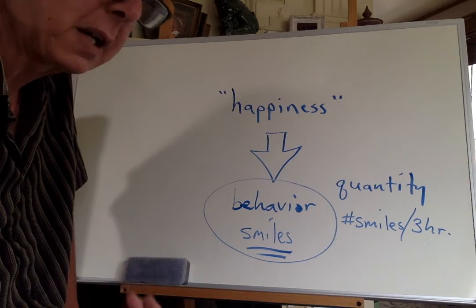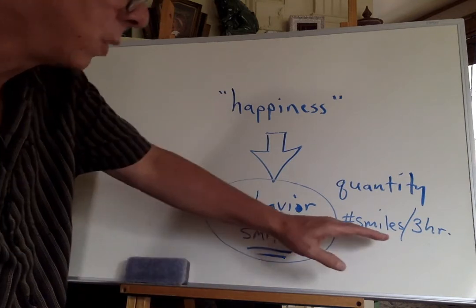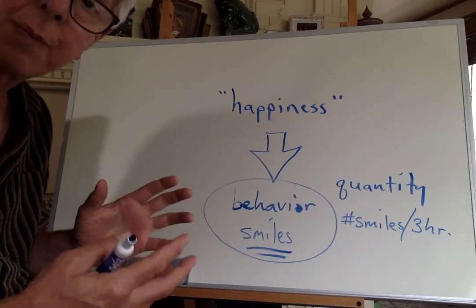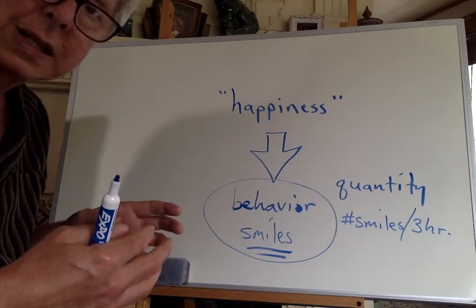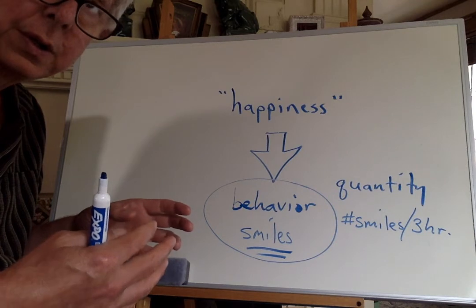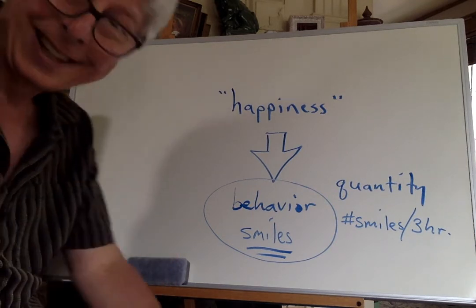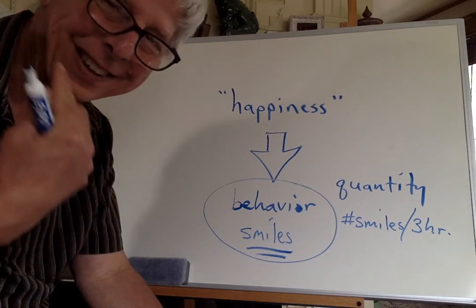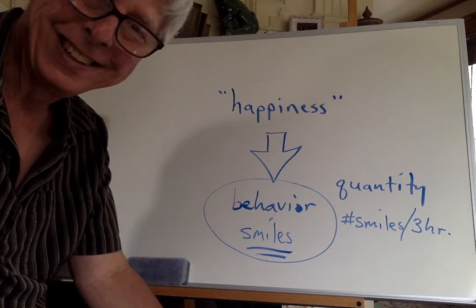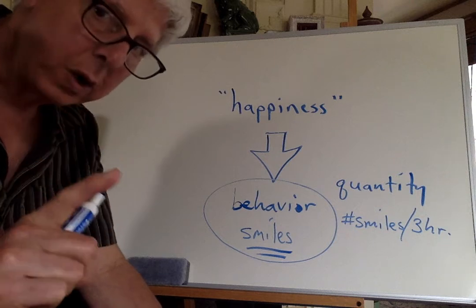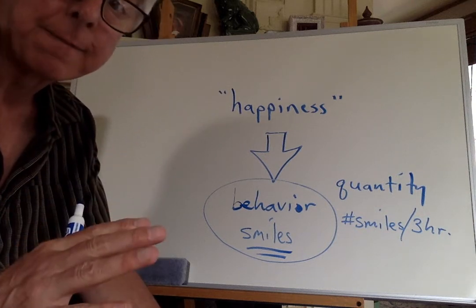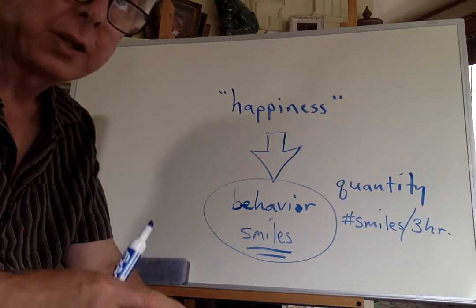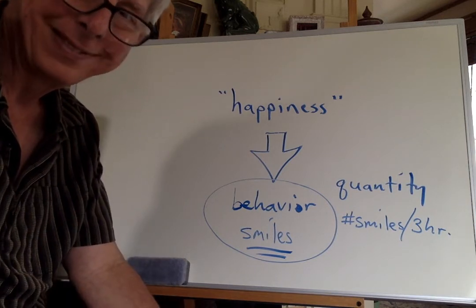I would expect that somebody who has more smiles in a 3-hour period, we're going to say is happier. One of the things that you have to be careful about, though, is someone who smiles like this. I got that going for 3 hours, baby. So that would be one smile in 3 hours, right? That's pretty happy. Another person who might go like this.